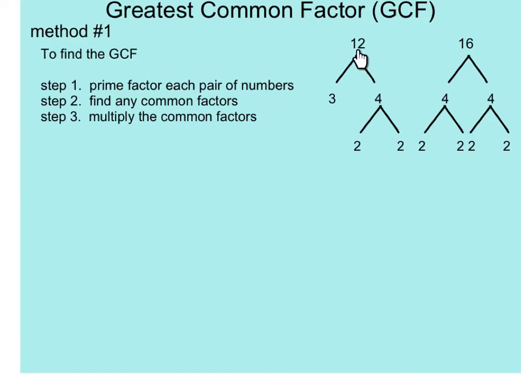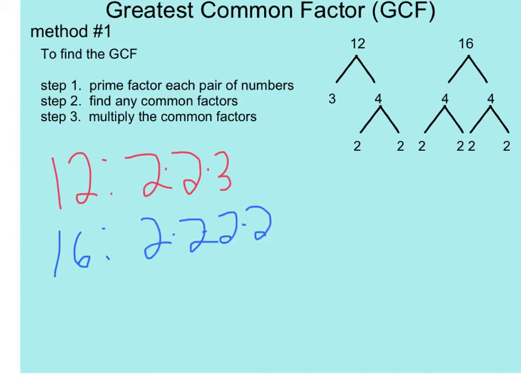So if we look at 12, 12 is broken down as 3 times 4, and then 4 is 2 times 2. So the prime factors of 12 are 2, 2, and 3. Now the prime factors of 16, if you look, that broke down to 4 times 4, but we kept breaking it down and we have 4 2's. Alright, so we have 4 2's that make up 16.